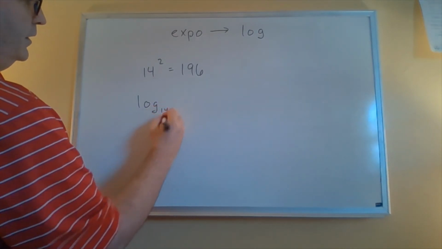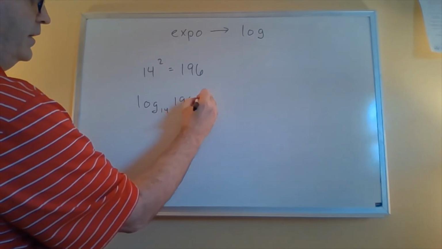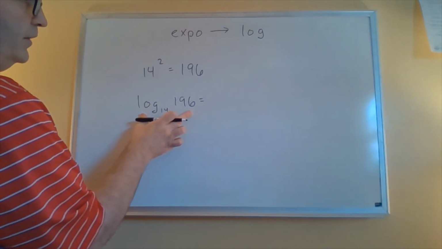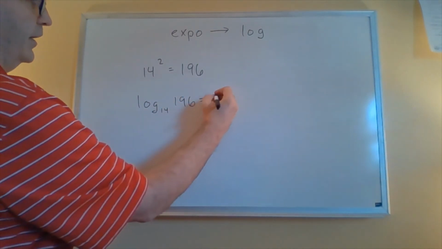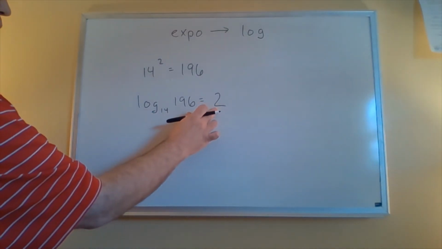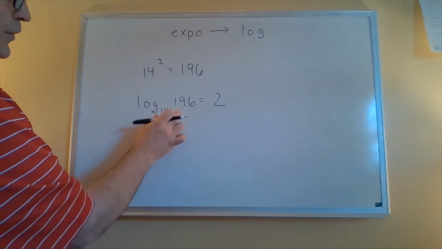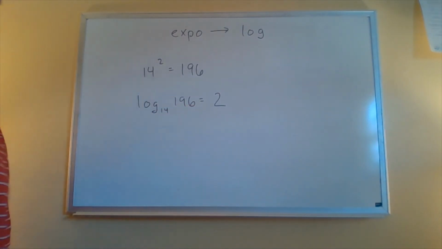Next comes our constant, and then the entire logarithmic expression on the left side is going to equal our exponent. So log base 14 of 196 does equal 2. So 14 squared equals 196, or log base 14 of 196 equals 2.